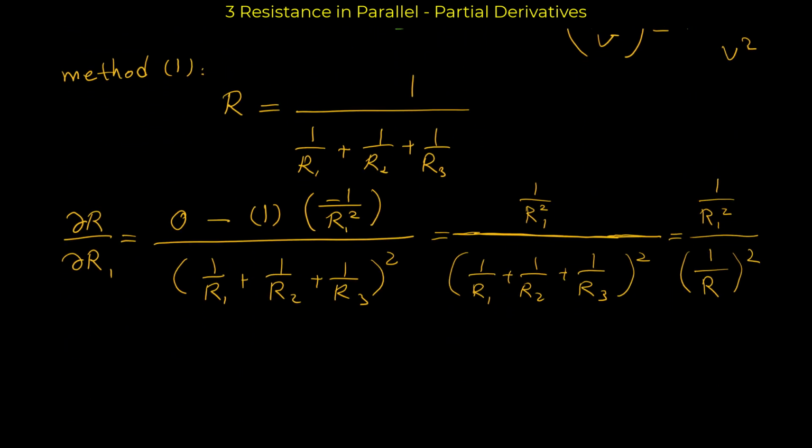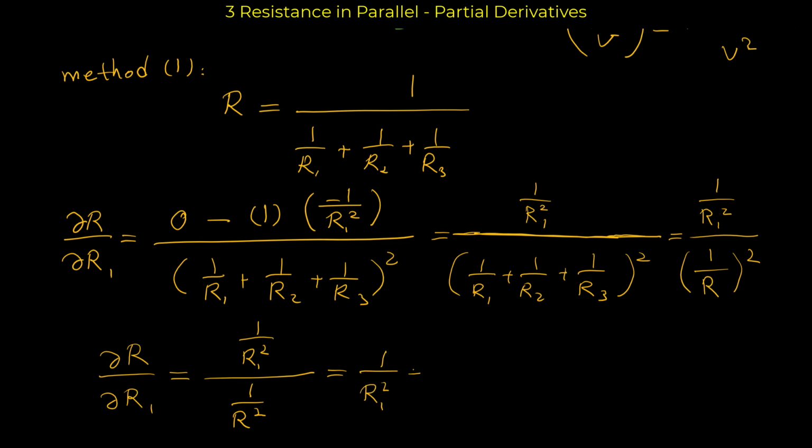Now let's simplify this. So far we know that the partial derivative of r with respect to r1 is equal to 1 over r1 to the 2 over 1 over r, all to the 2, which you can write as 1 over r to the 2. Now we have 1 over r1 to the 2 divided by 1 over r to the 2.